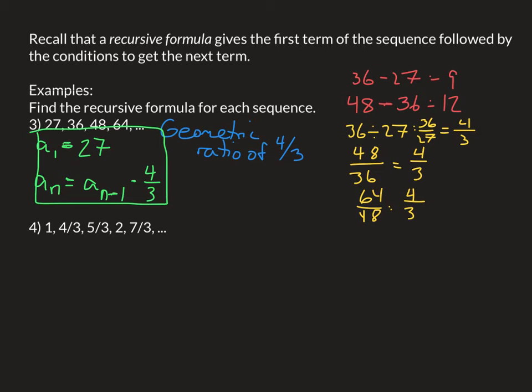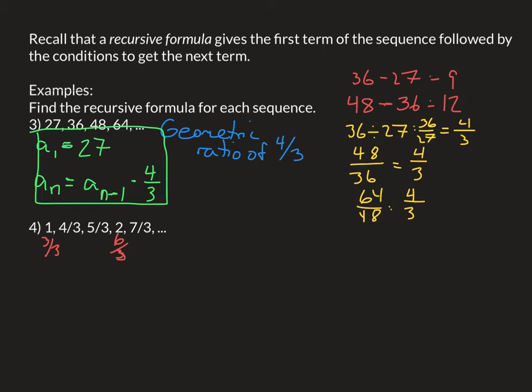All right, in number 4, we have the sequence 1, 4/3, 5/3, 2, 7/3. Now, one thing we can do here, I'm going to look at 1 instead as 3/3, and 2 is the same as 6/3. 3 divided by 3 is 1, 6 divided by 3 is 2.